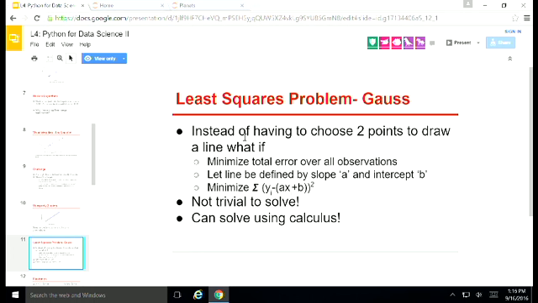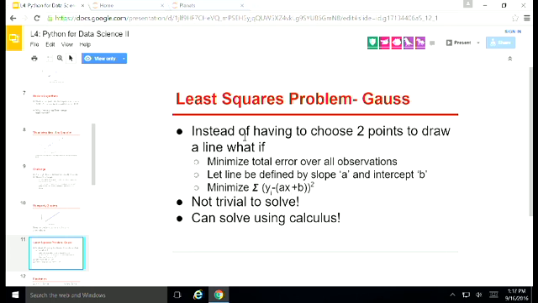How do I define this function? This function is defined as sigma. Let's use a different thing which is not going to interfere here. F of a comma b is sigma i equals 1 to n, yi minus a xi plus b, whole square.